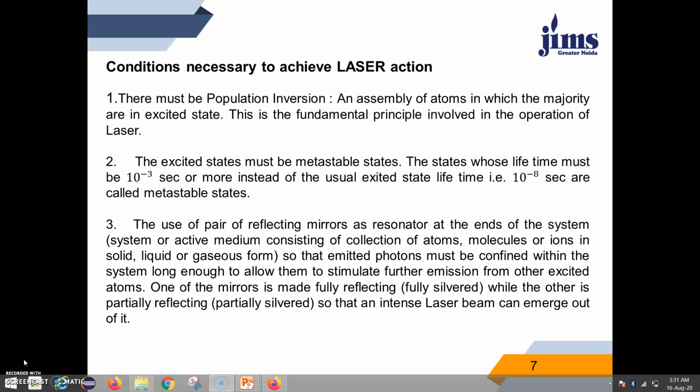One of the mirrors is fully silvered and the other is partially silvered as compared to the fully silvered mirror, so that an intense laser beam can emerge out from the partially silvered end of the system. Thank you.